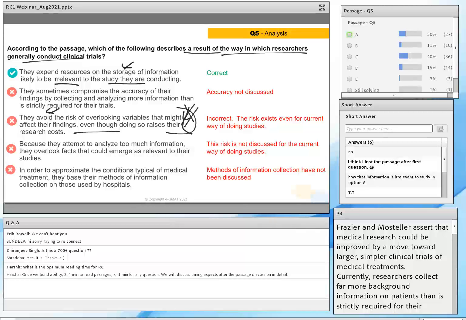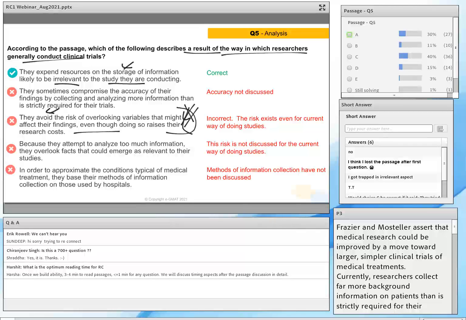Yes, there is a connection between these two. Again, I think this point was mentioned in the EC passage, where Harsha clearly spoke about how there could be different kinds of connections among information in a passage. There could be cause and effect. All the cause and effects are presented by thereby, therefore, because of, as a result of, and so on and so forth.